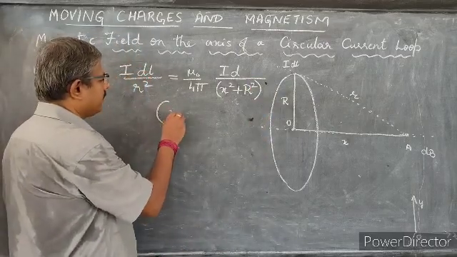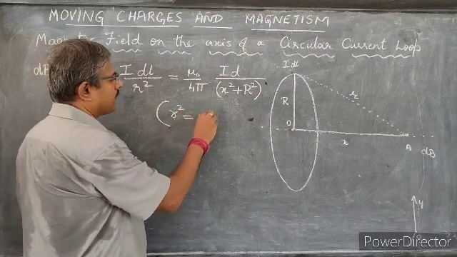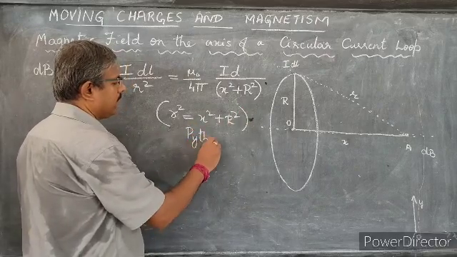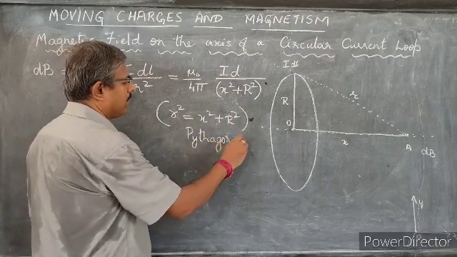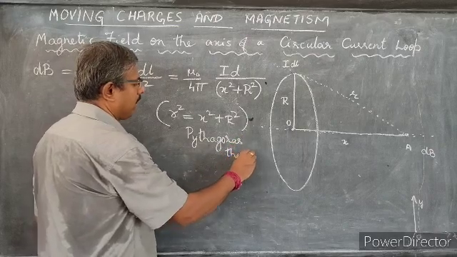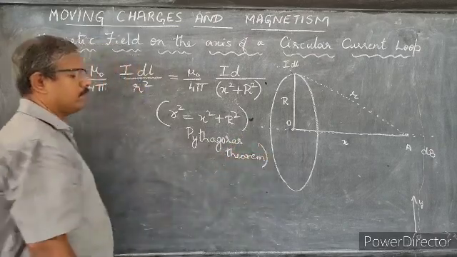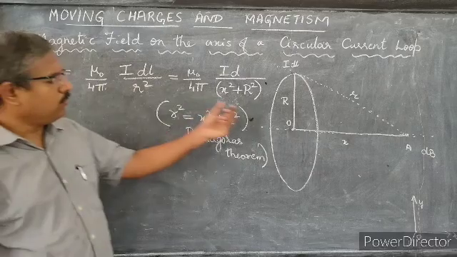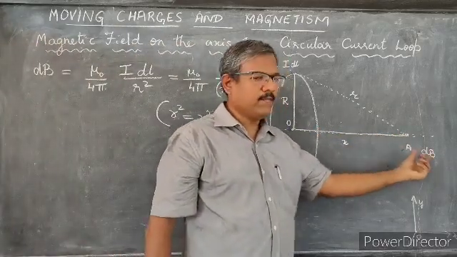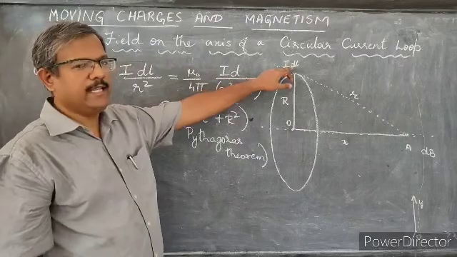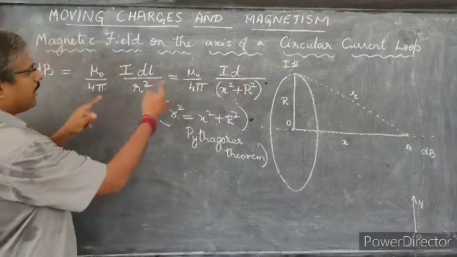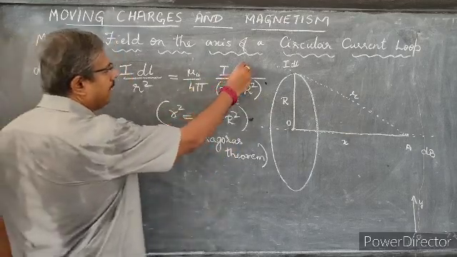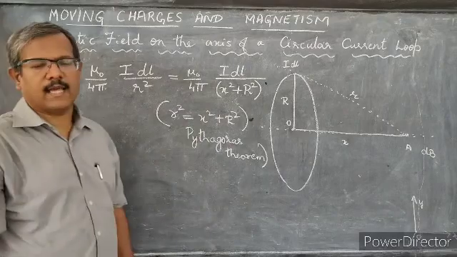Because of the simple reason that r square is equal to x square plus r square by Pythagoras theorem. Now, we have resolved that dB due to the current element Idl is given by this right hand side, mu naught by 4 pi into I dl by x square plus r square.